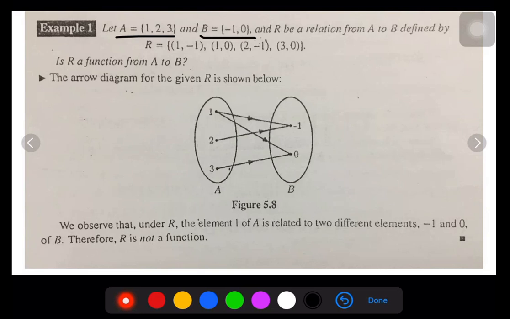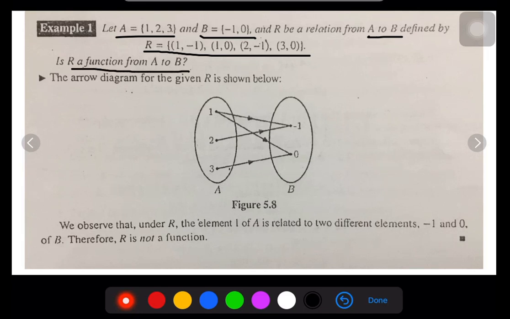And they have defined a relation from A to B in this form: R is equal to the ordered pairs (1, -1), (1, 0), (2, -1), (3, 0). Is R a function from A to B? You have to find out whether the given relation is a function or not.